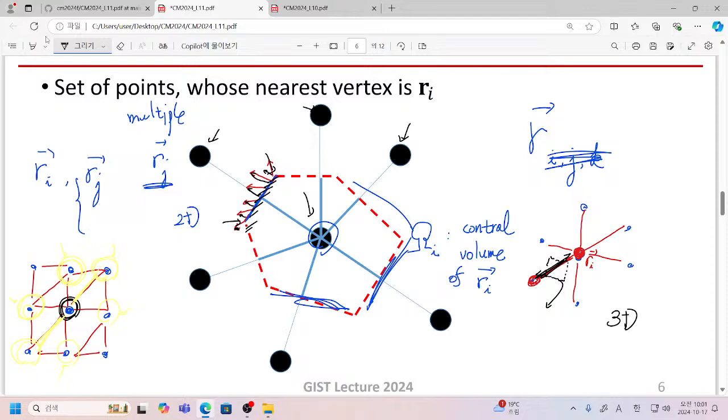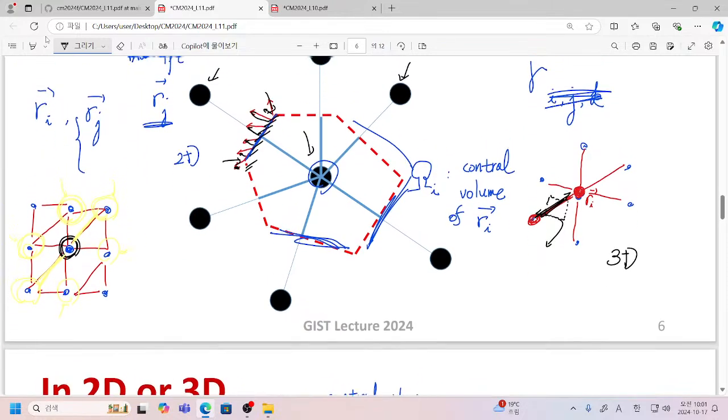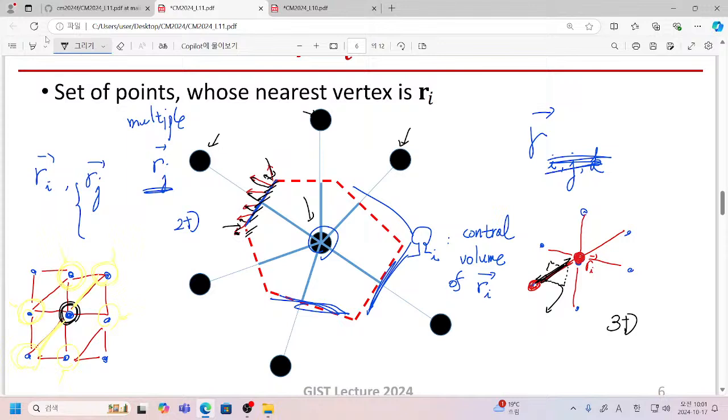This is beyond our capability. So we will just consider this one. Since its area is A sub ij, at least along this normal direction, we can make a finite difference approximation for our normal component.